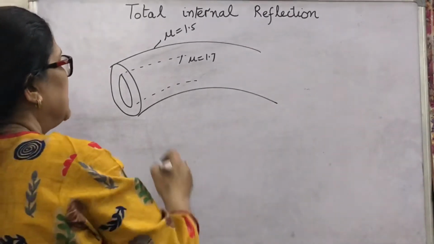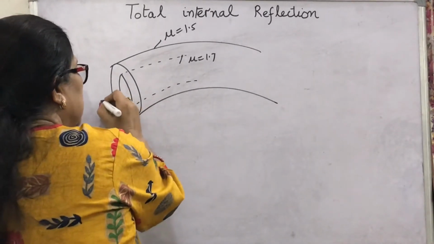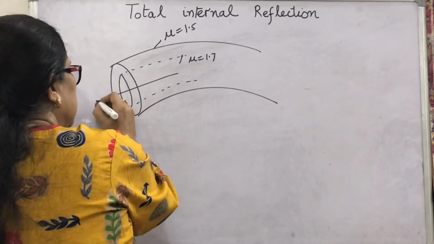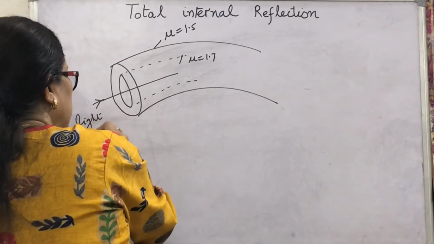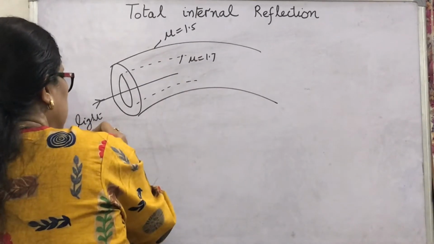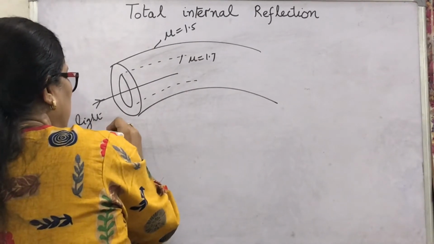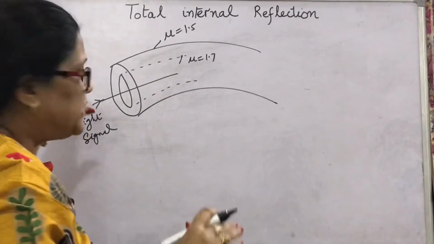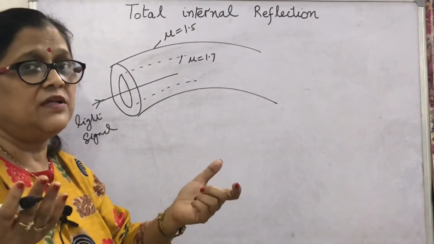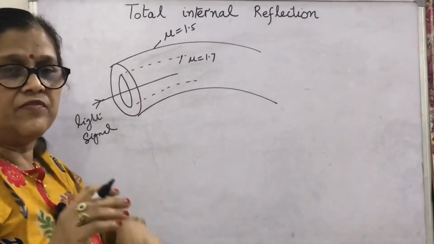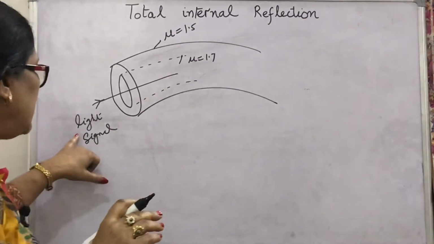You know what is the function of this optical fiber? To carry signals safely up to large distances. Then which phenomenon is there? Total internal reflection. I have written light signal.